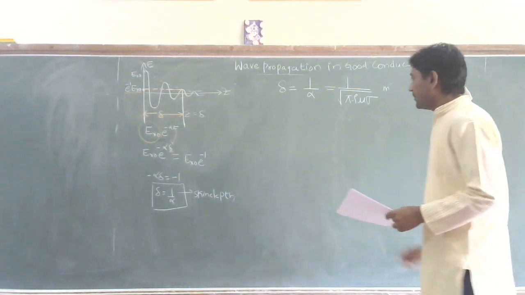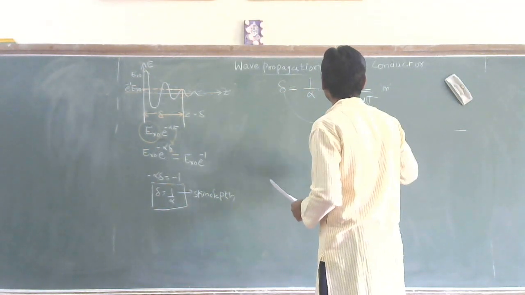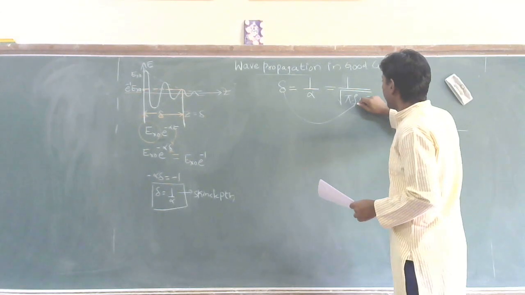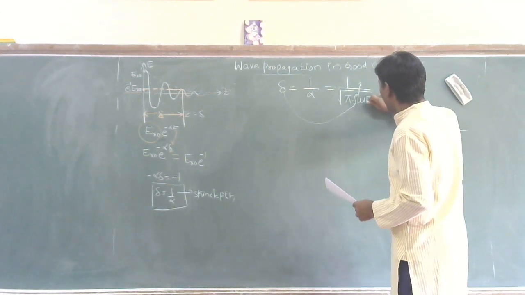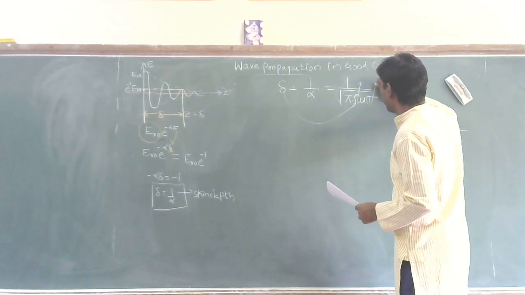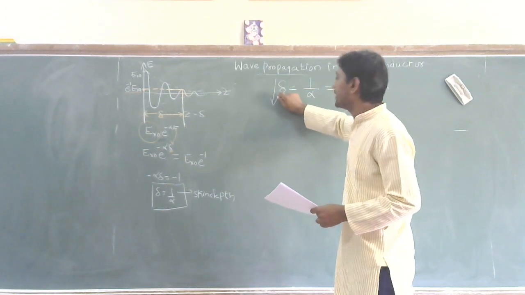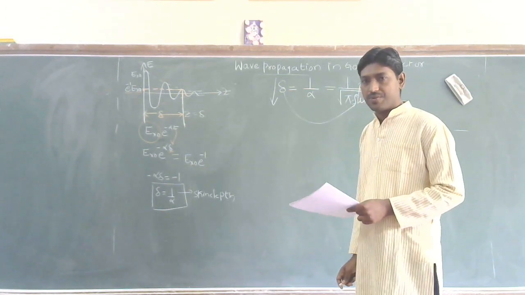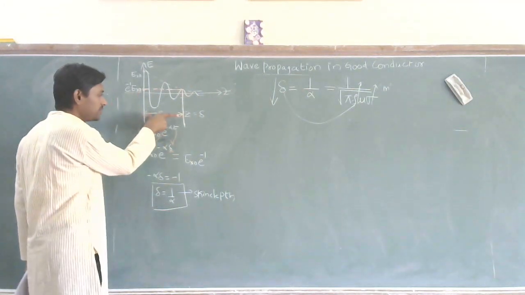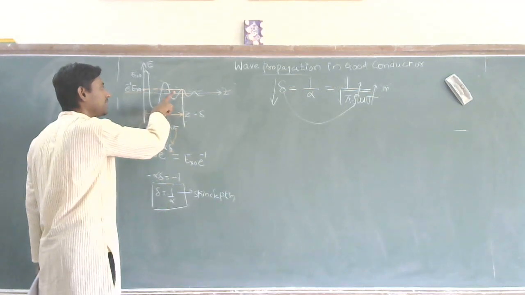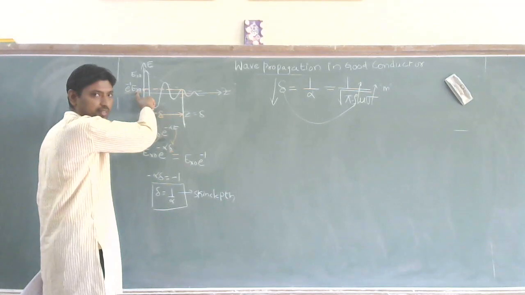Now you could check that this skin depth is a function of frequency. It is very obvious that as you increase the frequency, or the conductivity of the medium, the skin depth keeps on reducing. So initially you travel this much distance and the amplitude has fallen by 37%.